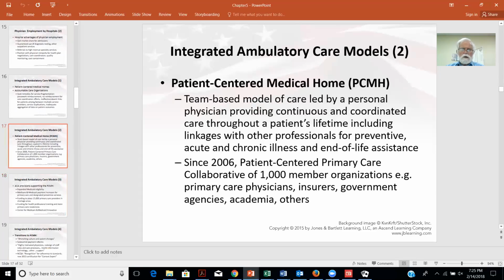The patient-centered medical home is a team-based model, where you have a linkage, basically a team of the various specialties you might need: therapists, nurses, physicians, and other types of professionals for a lot of different aspects of care.